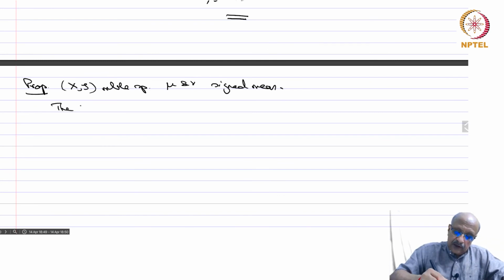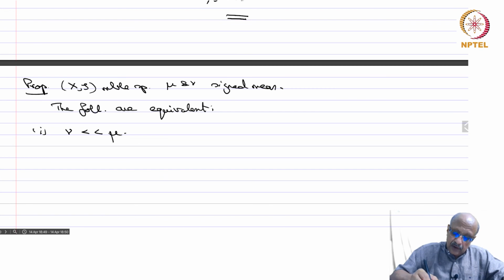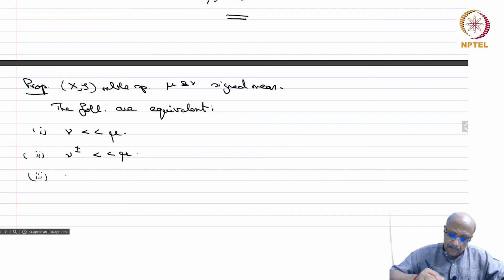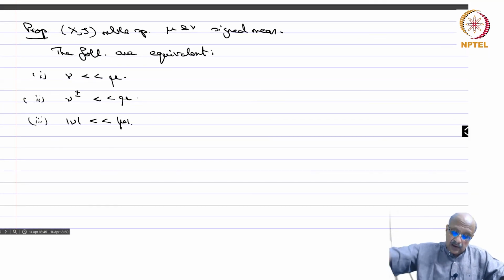The following are equivalent. 1, nu is absolutely continuous with respect to mu. 2, nu plus minus absolutely continuous with respect to mu, and then 3, mod nu absolutely continuous with respect to mod mu. So any one of these.